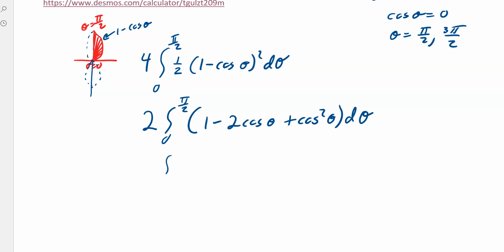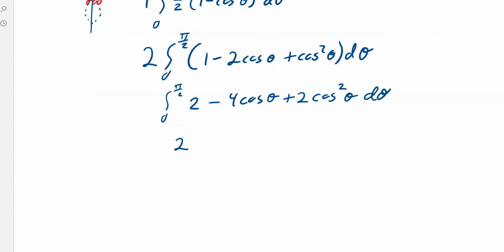So I'm going to distribute that 2 because I know inside there I'm going to end up with a half with that cosine squared. So I know when I do my double angle on it, I don't need the half.